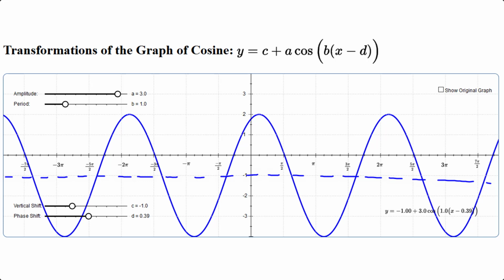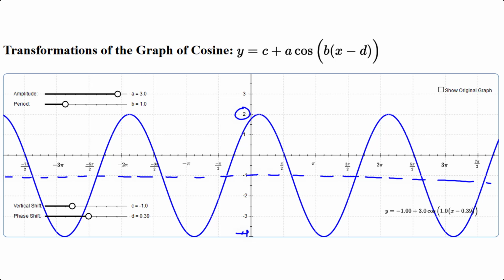The maximum distance from that vertical axis is your amplitude, which is 3 units. So I'm bounding between a maximum of +2 and a minimum of -4, which is 3 units away from -1 in both directions.